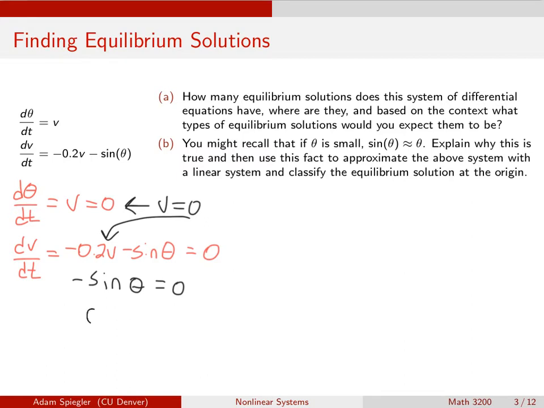Well, that's going to be for any value of theta which is a multiple of pi, theta = kπ. Here k is denoting an integer. So that means we have an infinite number of equilibria.